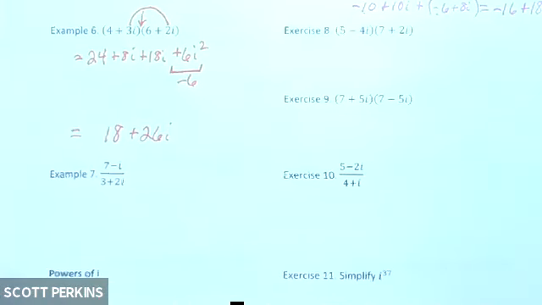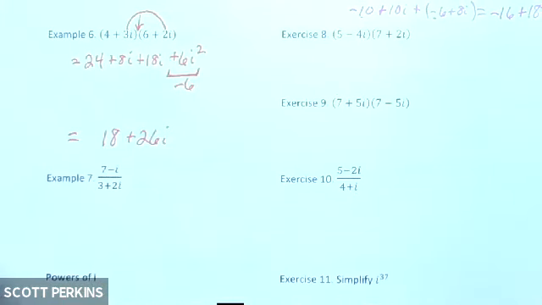All right, exercise 8. 5 minus 4i times 7 plus 2i.